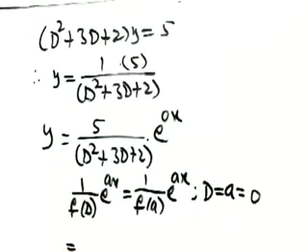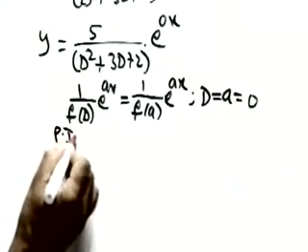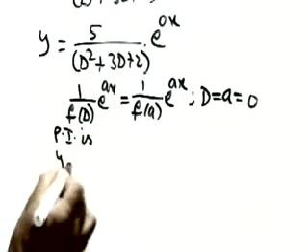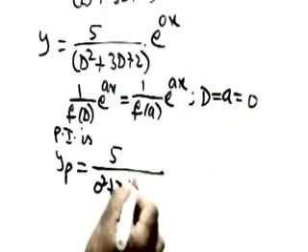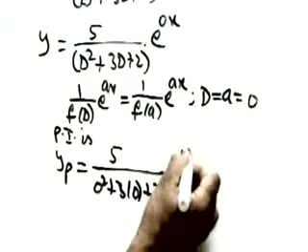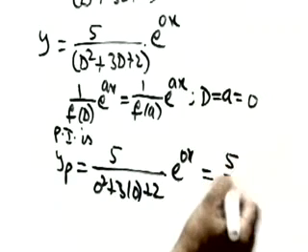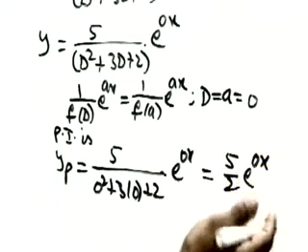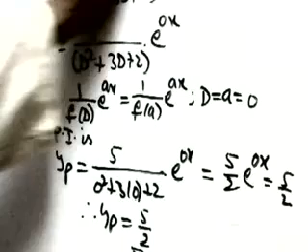So that means we have to put D = 0. Therefore the particular integral is yp = 5/(0² + 3·0 + 2) e^(0x). Now these terms are 0, so what is left is 5/2 e^(0x). Again e^(0x) is 1, so we can just write 5/2. Therefore the particular integral is yp = 5/2.